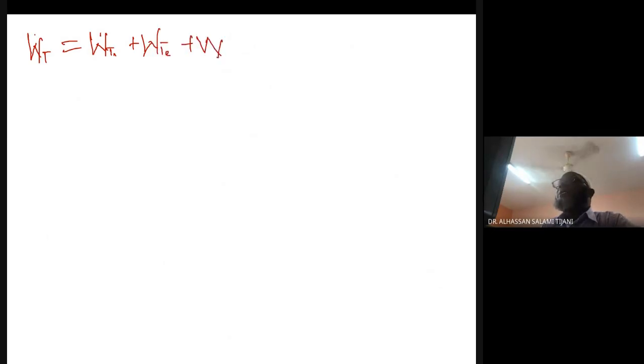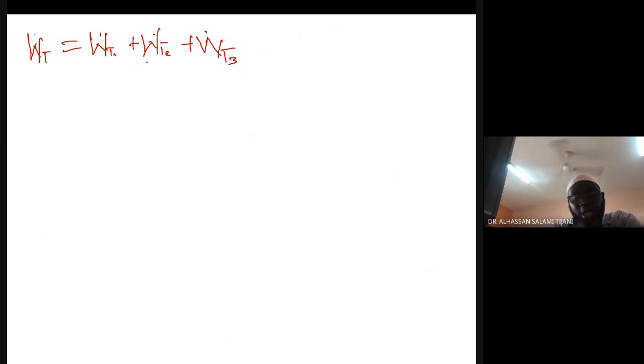The total turbine work output, W total for the turbine, gives us the work done by turbine number 1 plus W turbine number 2 plus W turbine number 3. And they have the same pressure ratio.